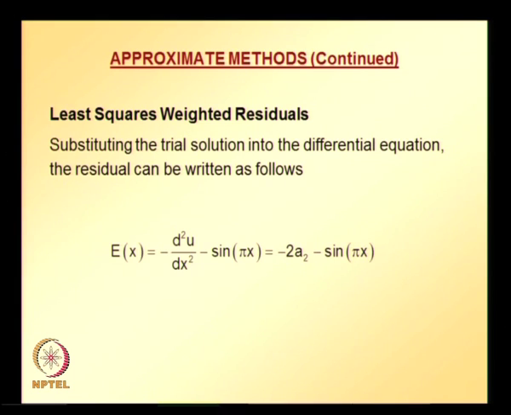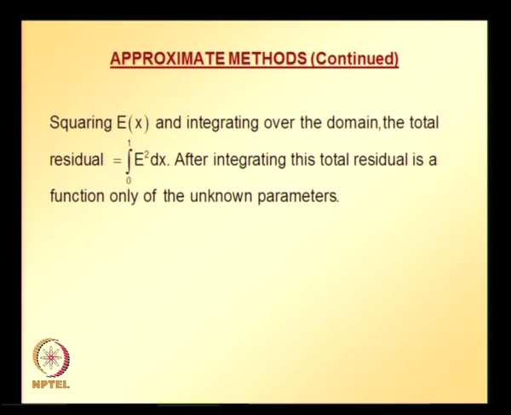and in the least square weighted residual method, the weight function is the residual itself. So squaring the residual and integrating over the domain, the total residual is going to be integral 0 to 1 residual square dx.